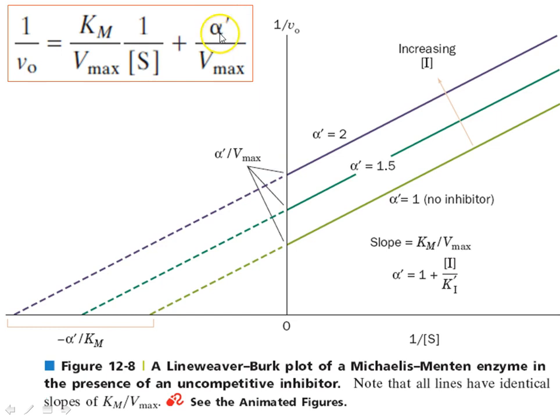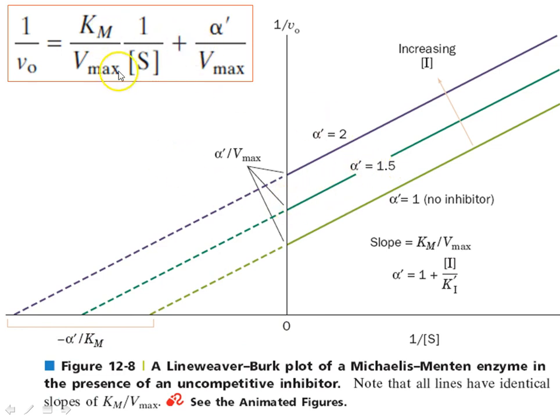On the other hand, if you work out the intercept of the x-axis, you will find it's minus alpha prime over Km. Notice that it's very similar to the uninhibited one, which is minus 1 over Km, but here it is minus alpha prime over Km. And therefore, it also depends on inhibitor concentration. The higher the inhibitor concentration, the further away from 0 it will become, by the same ratio.